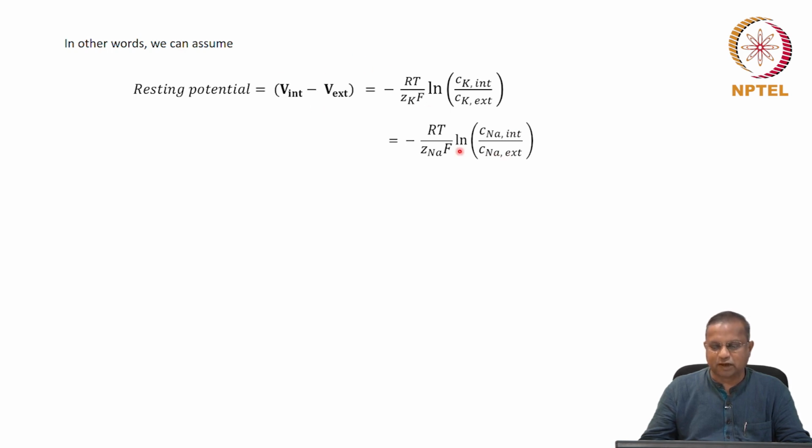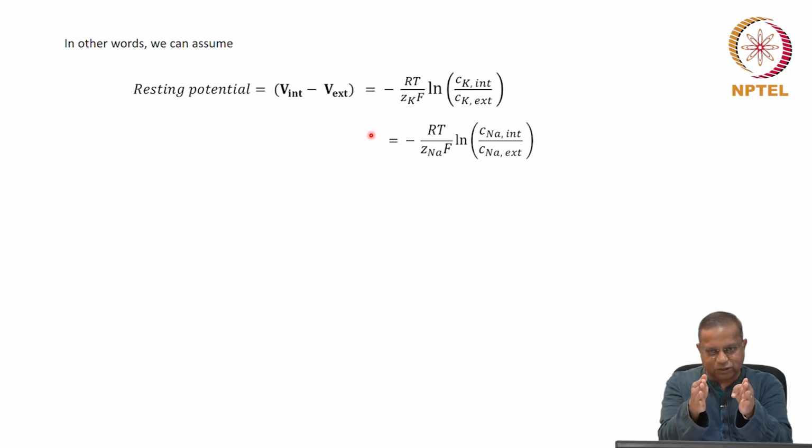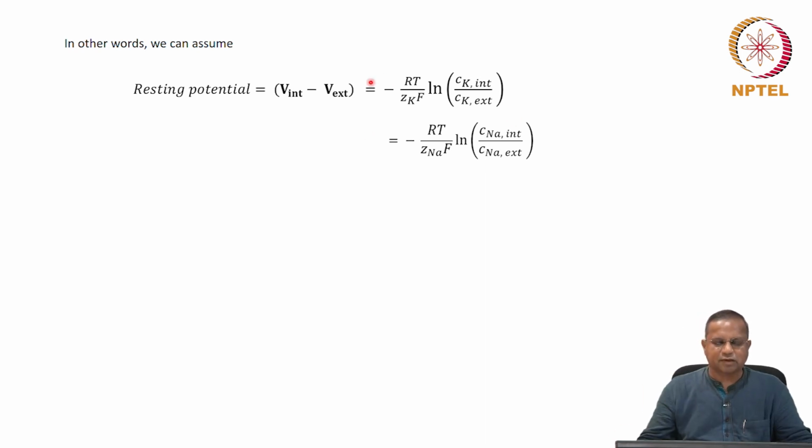Because each ion is independent, we can write the Nernst potential for each ion separately. Whatever we consider, the intracellular minus extracellular voltage is the same, so the left hand side would be the same, which again equals minus RT by ZCaF ln of intracellular calcium concentration divided by the extracellular calcium concentration.